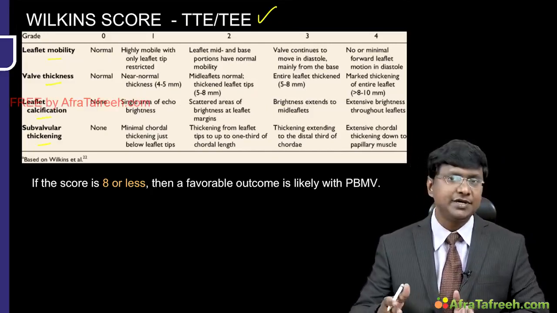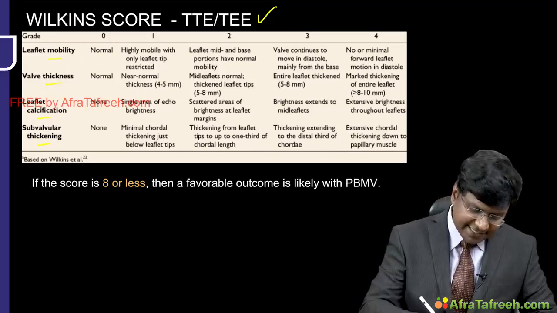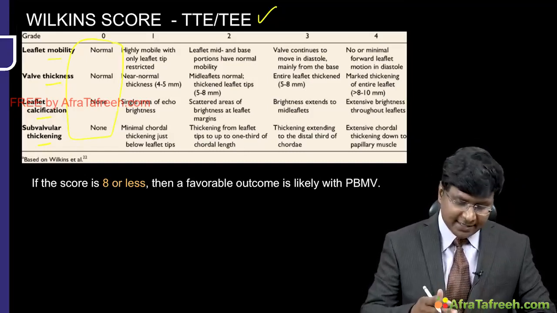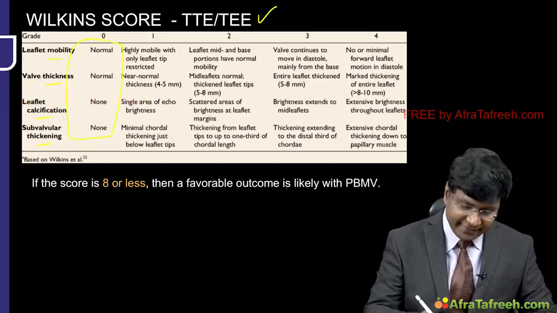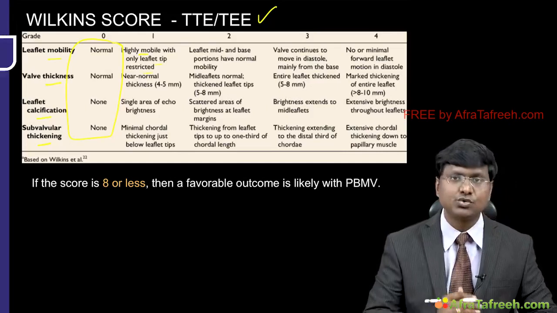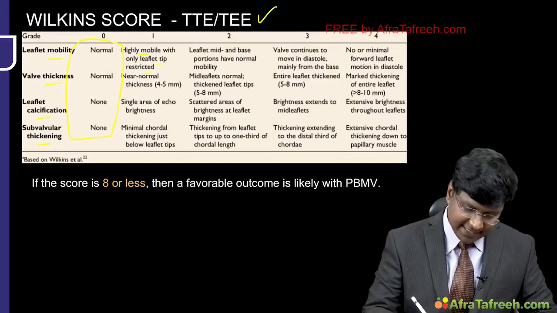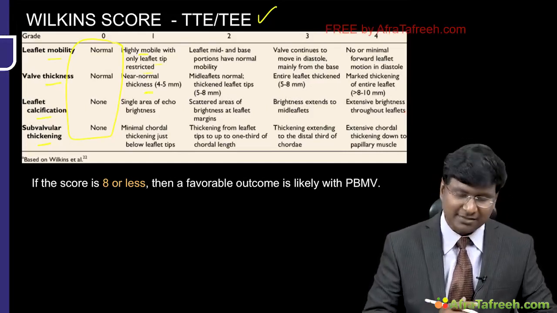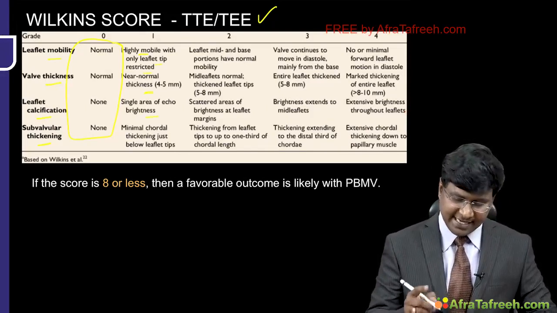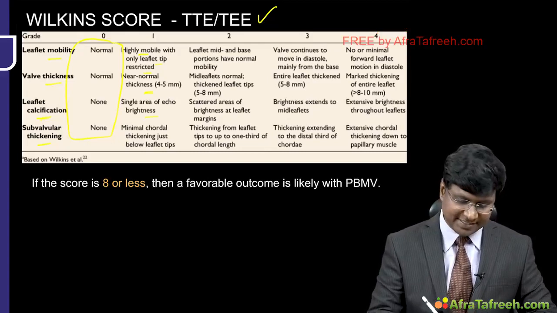And I have just given you a table here. If nothing is there, the score is 0. If the individual is having high leaflet mobility with only the leaflet tips being restricted, give a score of 1. Near normal thickness around 4 to 5 mm, give a score of 1. Single area of echo brightness, that means there is calcification, give a score of 1.